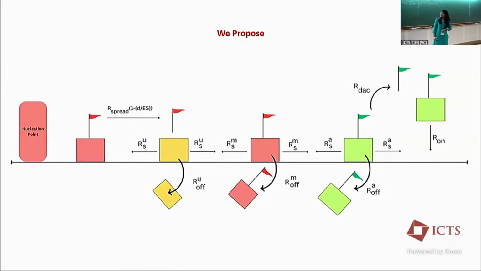Acetylated, deacetylated, and methylated nucleosomes can unbind and slide at rates R_A, R_D, R_M and R_SA, R_SD, R_SM respectively. At the left barrier, we have a nucleation point, which acts as a methylation hub to initiate the spreading.